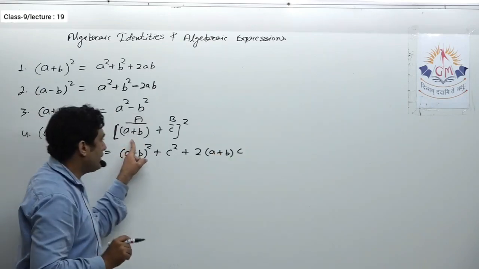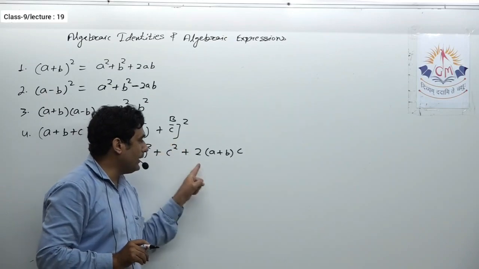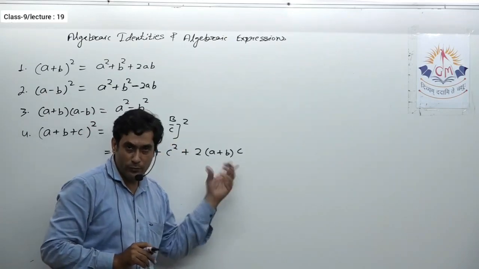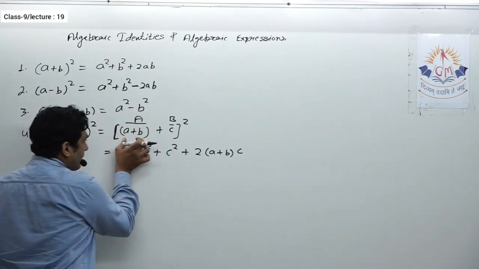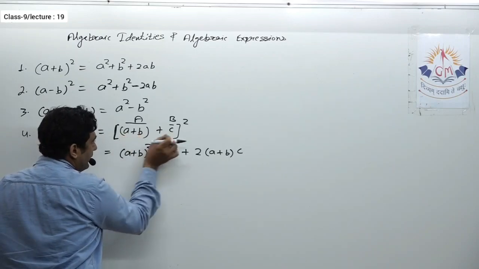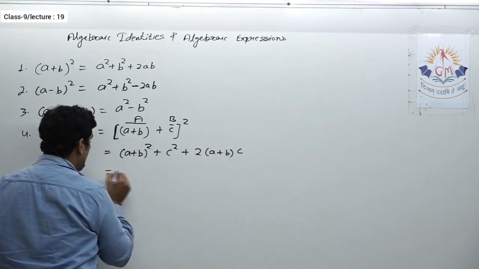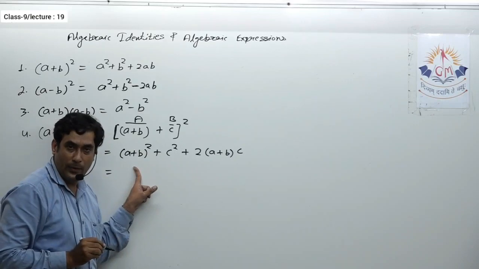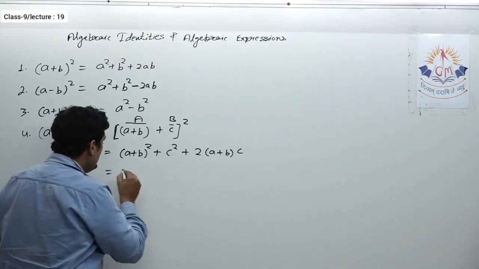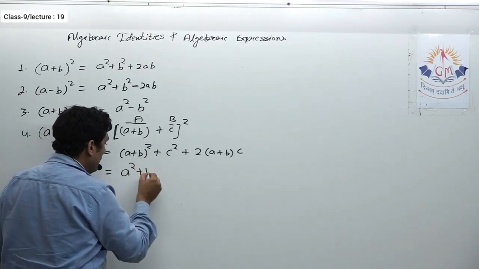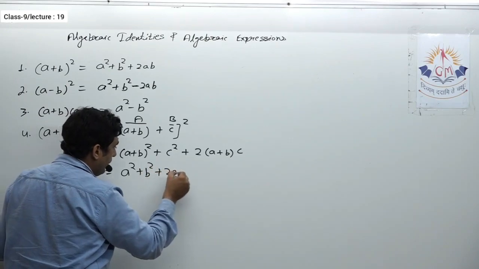So square of the first quantity plus square of the second quantity plus 2 into the product of those two quantities. Here a plus b is considered as one quantity and c is a separate quantity. Now again over here I can apply (a plus b) whole square. So this will become a square plus b square plus 2ab.